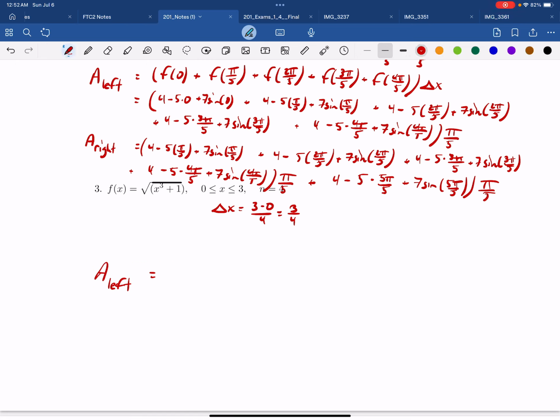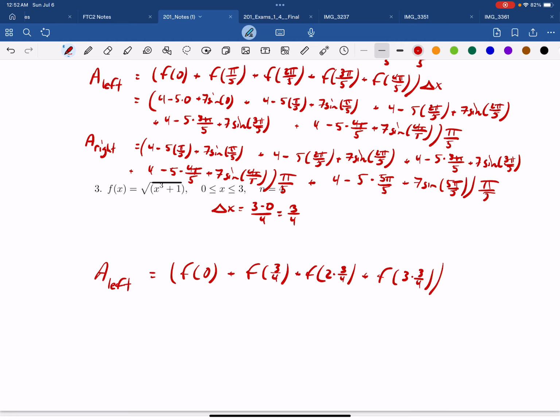And so what's our left-hand area going to be? Well, it's f of 0 plus f of 3/4 plus f of 2 times 3/4, which is 6/4 or 3/2, plus f of 3 times 3/4. Note that we're just going for the pattern here. And we multiply all this by 3/4.